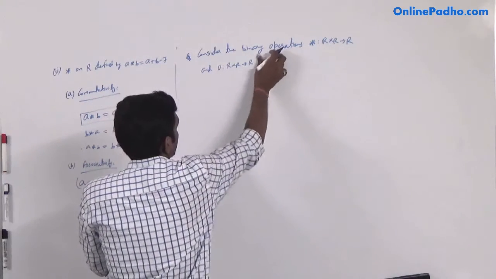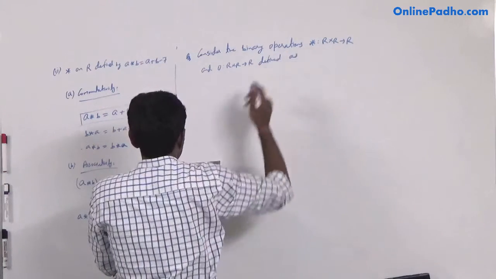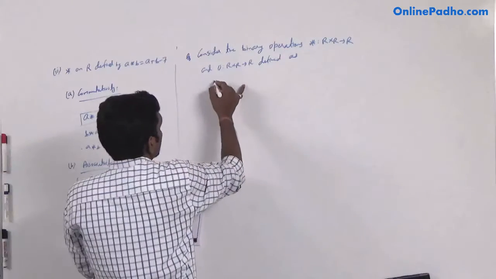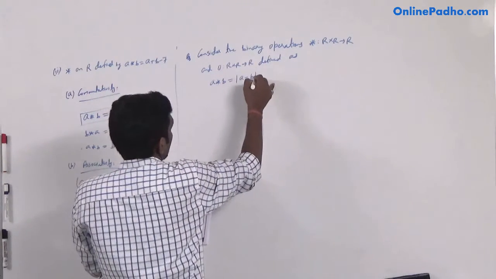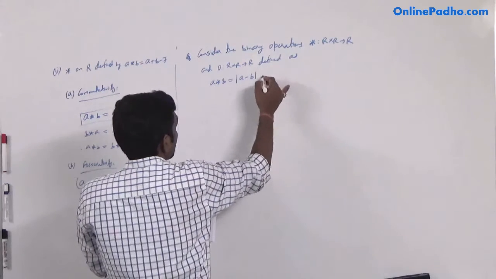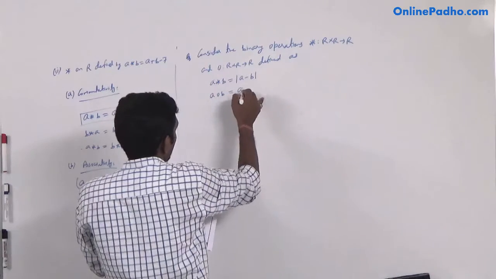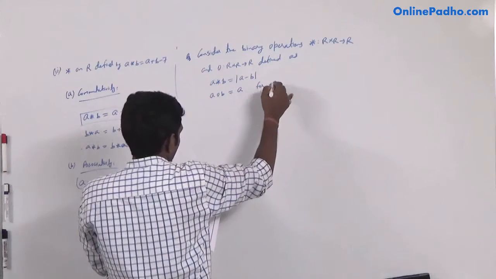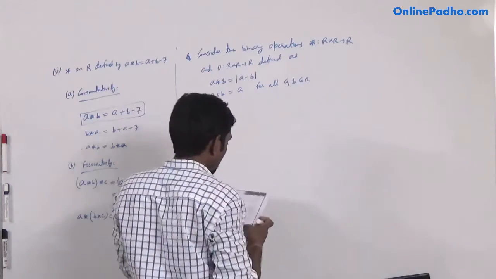Defined as A star B is equal to mod A minus B, and A not B is equal to A, for all A, B belonging to real numbers, right?